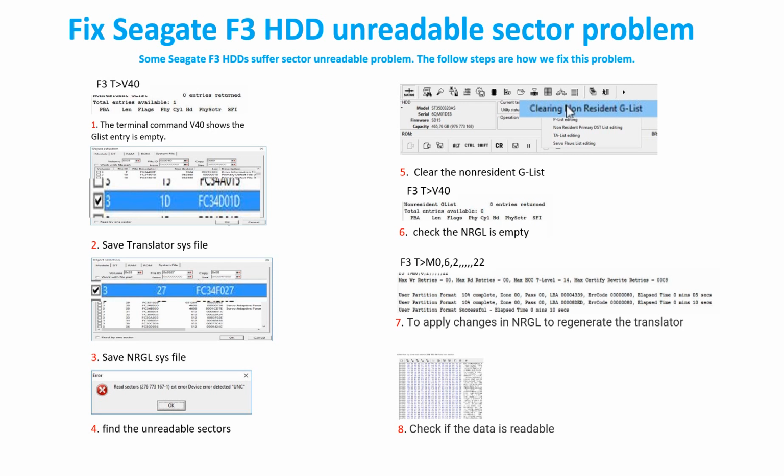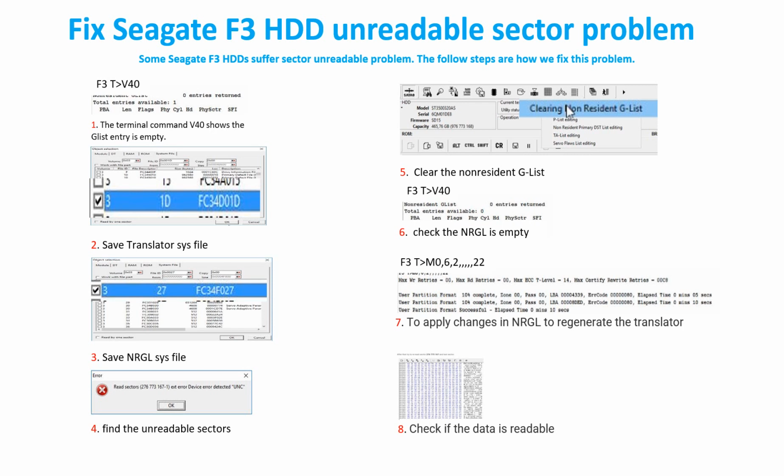1. The terminal command v40 shows the glist entry is empty. 2. Save the translator system file. 3. Save the NRGL system file. 4. Find the unreadable sectors. 5.